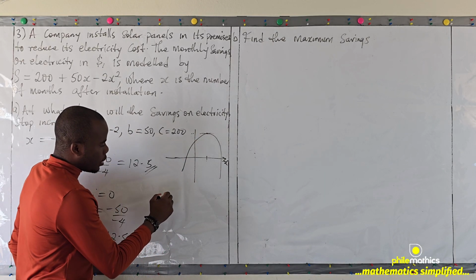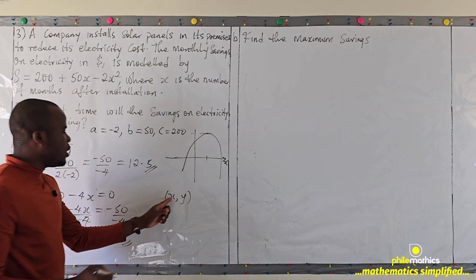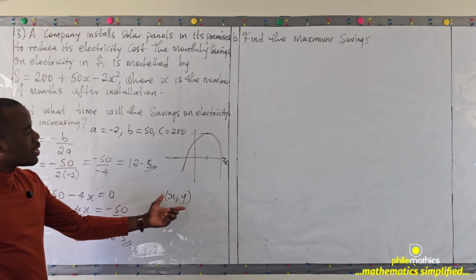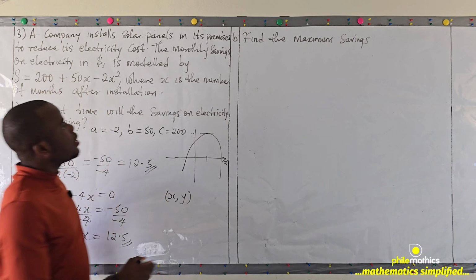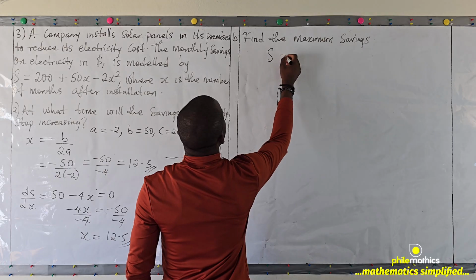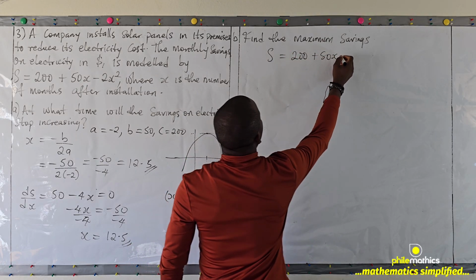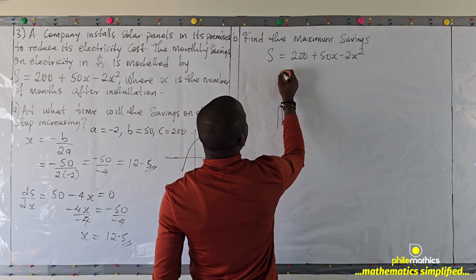A coordinate point is always written as x, y. We have gotten the x as 12.5. What is the corresponding y? So we just simply substitute 12.5 for x in this. So in y equals 200 plus 50x minus 2x squared, we substitute 12.5.